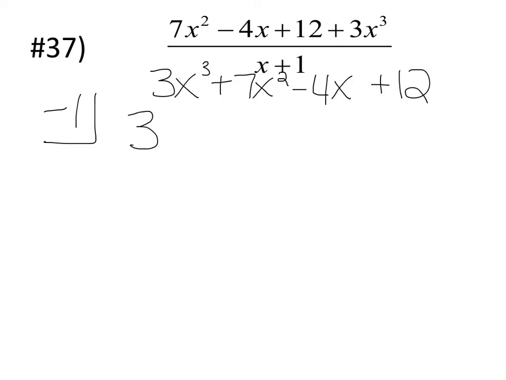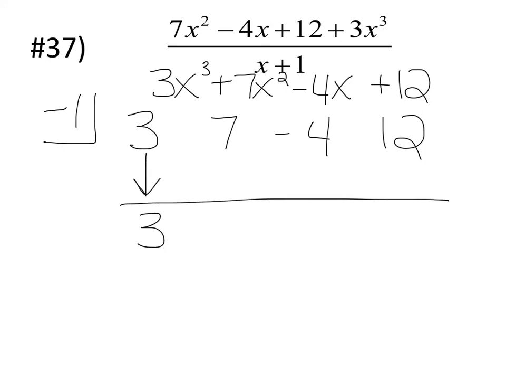Write your coefficients: 3, 7, negative 4, and 12. Drop mama. Drop your first number. Multiply. Negative 1 times 3 is negative 3. Add. 7 plus negative 3 is the same as 7 minus 3, so you get 4. Multiply. Negative 1 times 4 is negative 4.